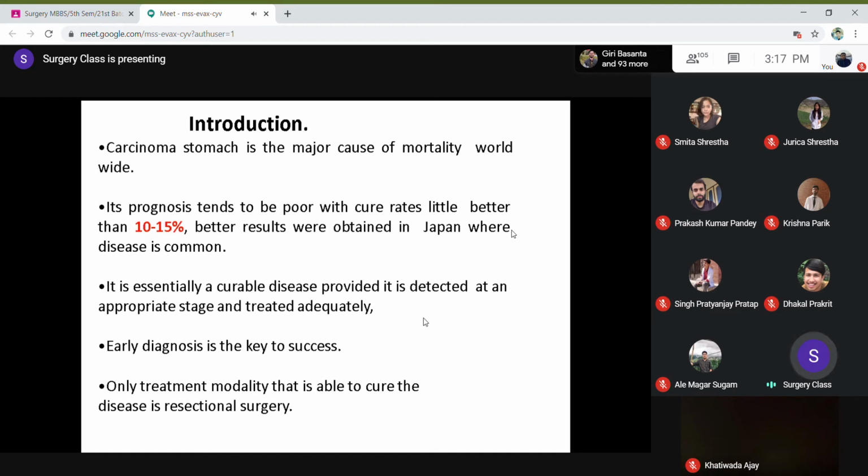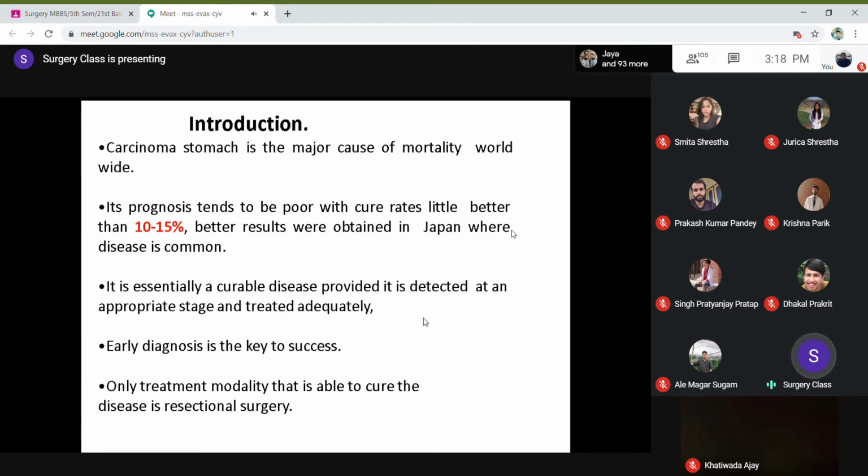If you do TNM staging and the tumor has invaded the muscular wall and the lymph nodes are positive, the prognosis is poor. Better results, with about 15% survival, are obtained in Japan, because they do screening endoscopy or barium studies.